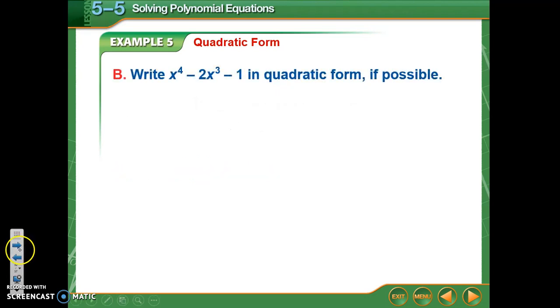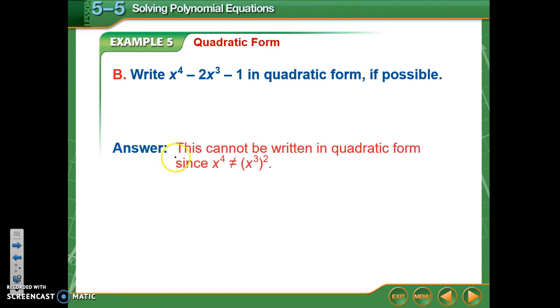Okay, let's take a look at this one. X to the 4th minus x cubed minus 1. This cannot be written in quadratic form. Why? Well, x to the 4th can be rewritten as x squared squared, right? But the problem is that these don't match. What I'm taking to the first power does not match what I'm squaring.